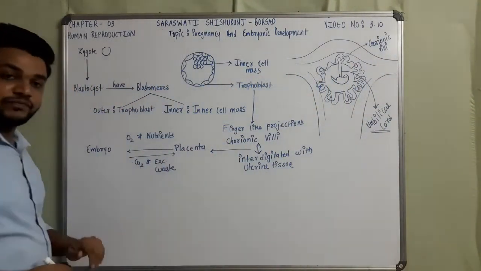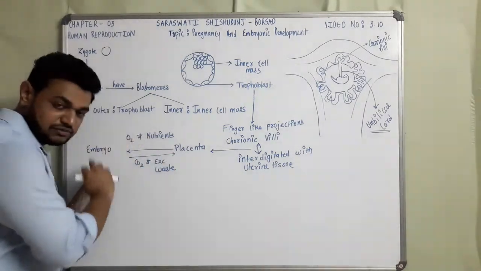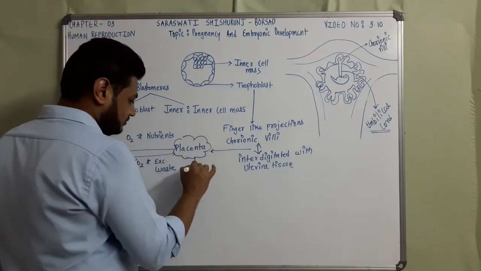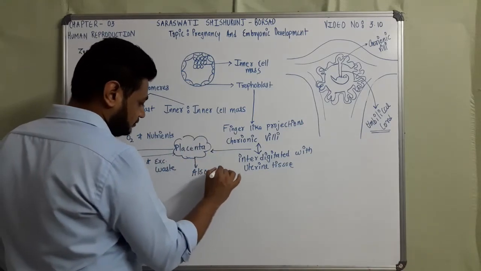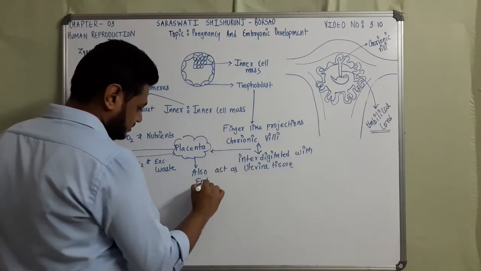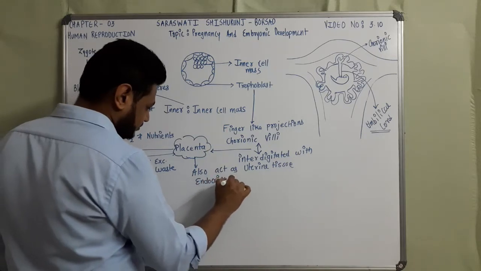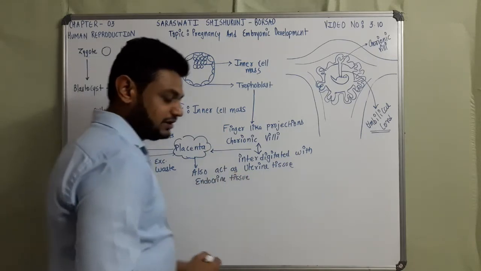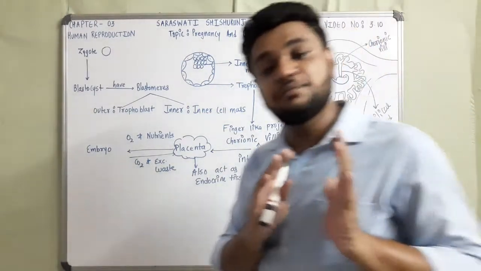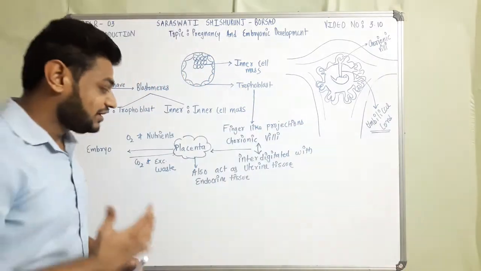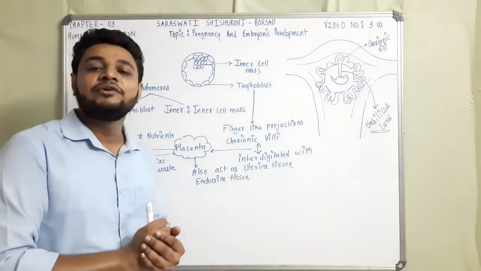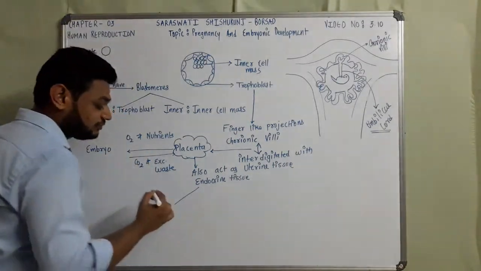Now this is the main function of the placenta. With it, the placenta also acts as endocrine tissue, right? Due to this, it secretes several hormones which are secreted only during pregnancy. Remember this, right? Whenever the pregnancy test is done from the urine, the hormone is actually secreted from the placenta. So which hormones are secreted?